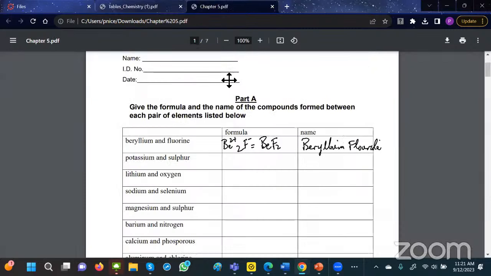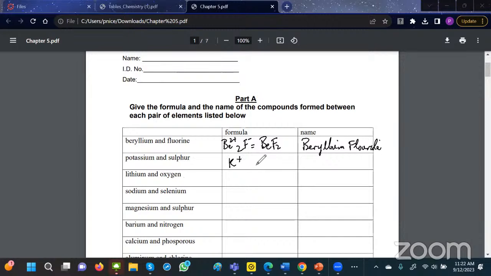So, potassium and sulfur. What would be the formula for the potassium ion? Anybody? Well, K plus.